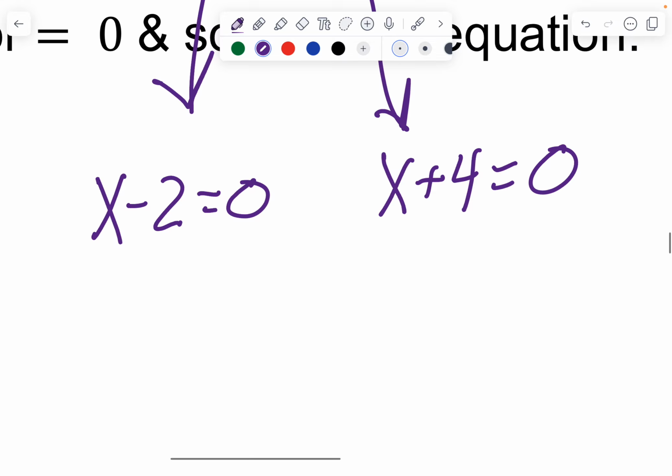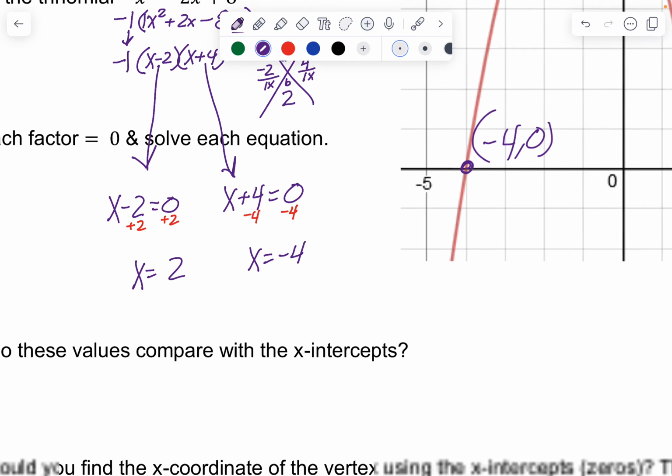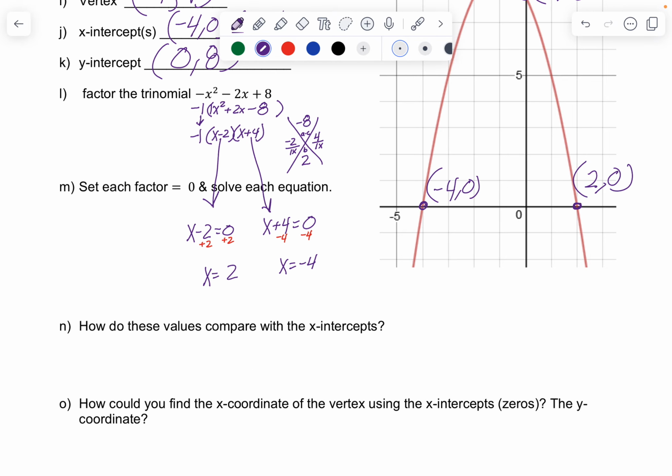Similar to the last problem, how do we undo subtraction? We add. How do we undo addition? We subtract. And we're getting solutions of x equals 2 and x equals -4, which is exactly what we were getting for our intercepts here and our intercepts here.